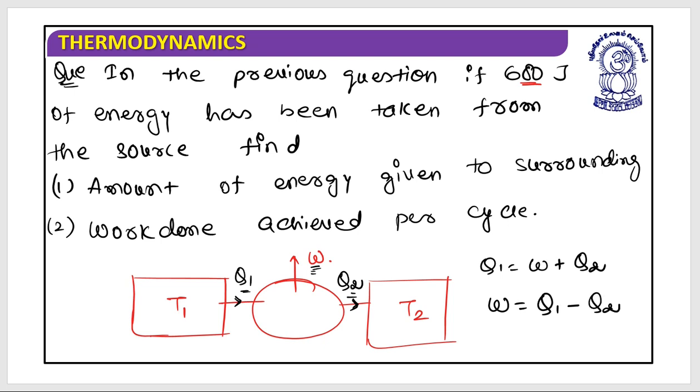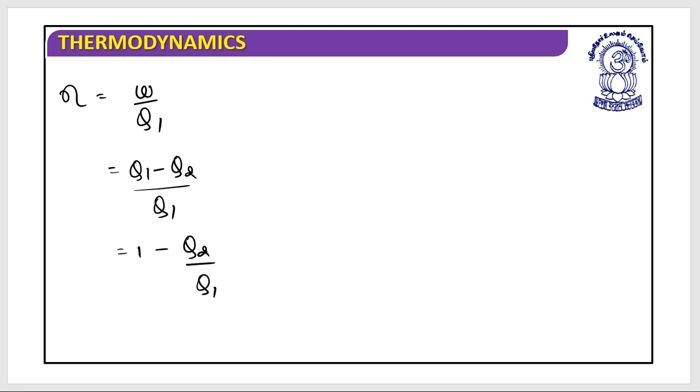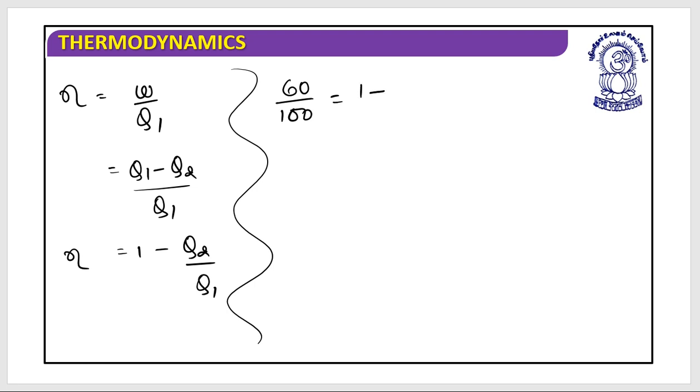So let's first find the amount of energy, Q2, given to the surrounding. We have the relation: efficiency equals work done by Q1, and work done is Q1 minus Q2, divided by Q1. This equals 1 minus Q2 by Q1, which equals efficiency. The efficiency is 60 by 100, which equals 1 minus Q2, that is what I look for, divided by Q1, and Q1 was 600 joule.